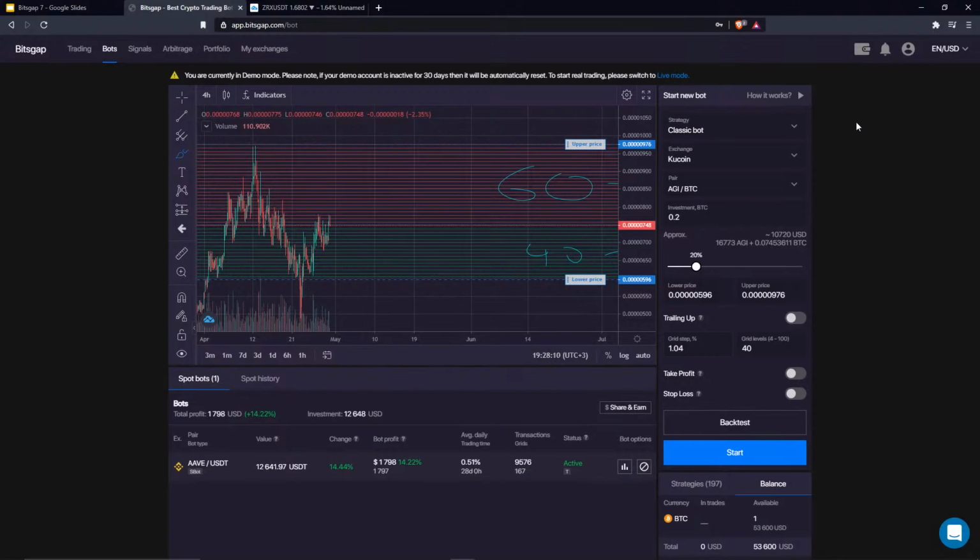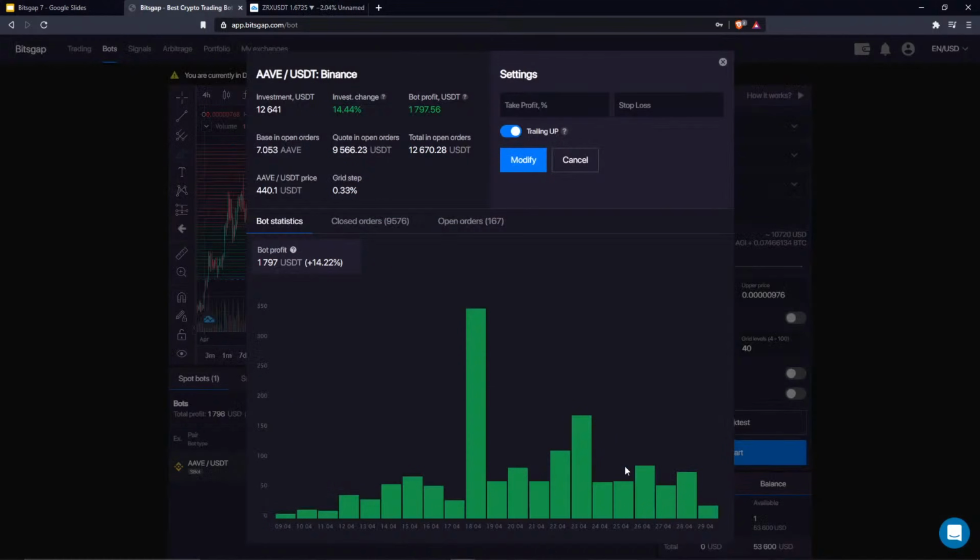And this kind of range from 0.8% up to 1.2% brings me around 20 to 30% monthly. All right, so here in this sample trade, my grid step is only 0.33%. That was my sample trade. I did not stick with my strict rules here.